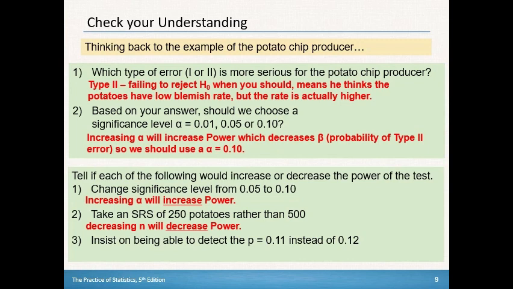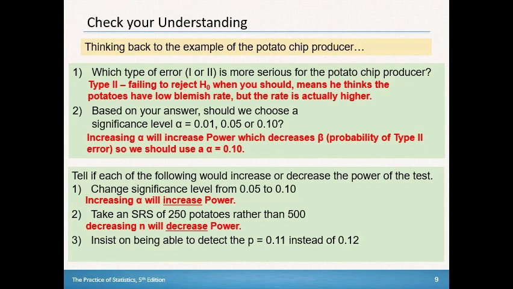Insist on being able to detect 11 instead of 12%. So these are talking about alternatives. So if the alternative hypothesis went to 11% rather than 12%, that means that it's closer to 8%.